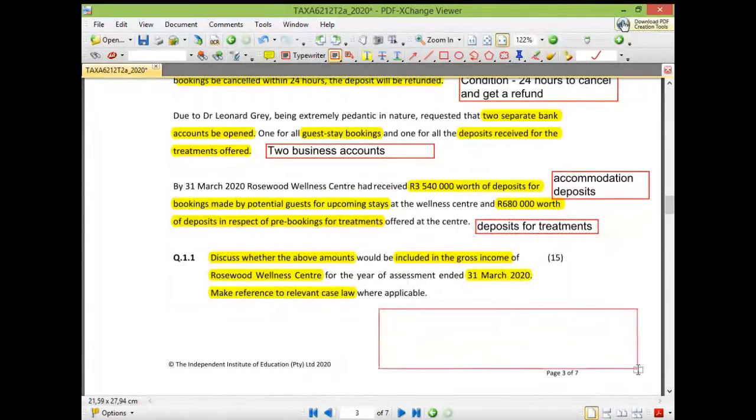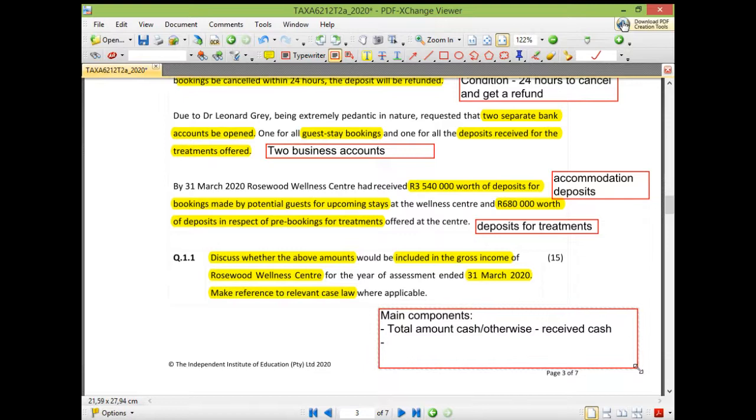So let's quickly see what the main components are. For gross income, it's your total amount, cash or otherwise. Now, in this scenario, we've received cash.